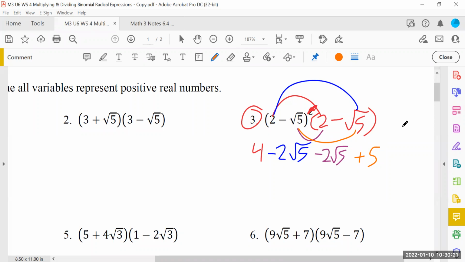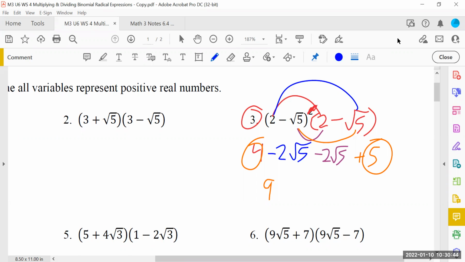Now, once you've simplified it, you've done all the multiplication, now is when we start adding or subtracting. So what can I add or subtract? Alejandro, what's something I can put together here? The 4 and the 5. All right, and what does that make? 9. Yep, 4 plus 5 is 9. And we've got one more thing that we can combine here.